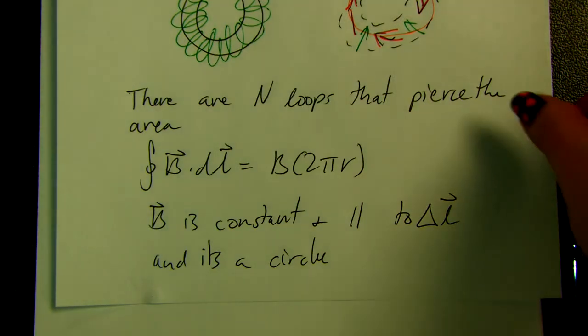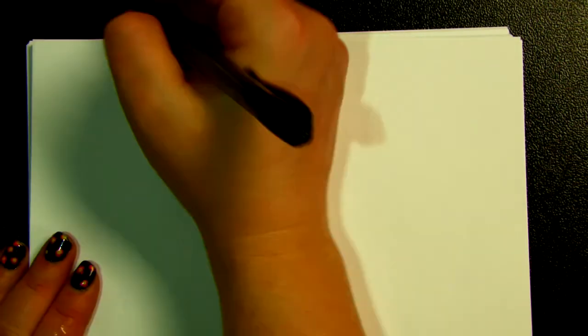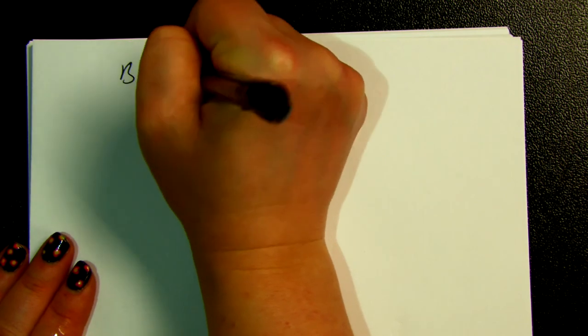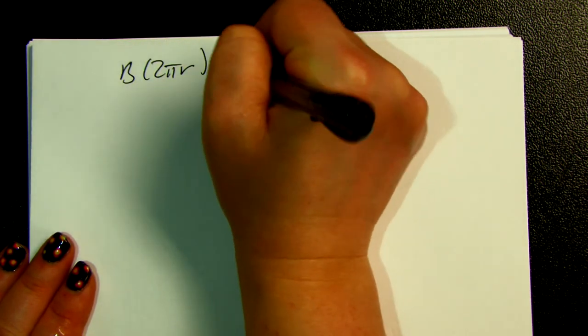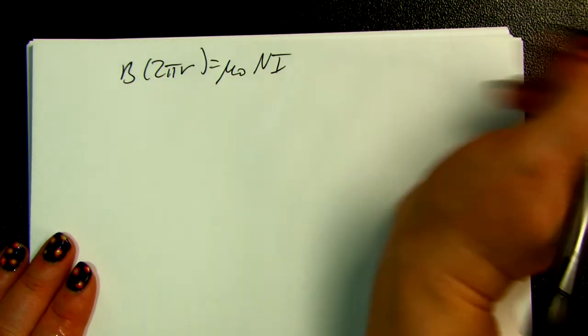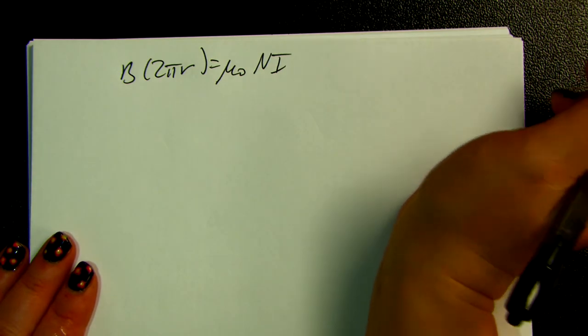Okay, so moving along, then we have B 2 pi r is equal to mu naught N I. Beautiful.